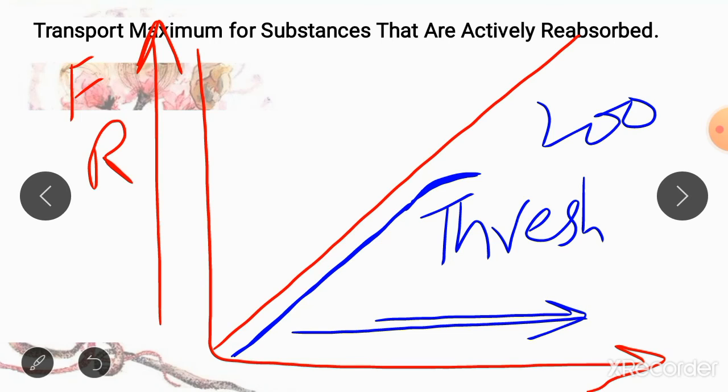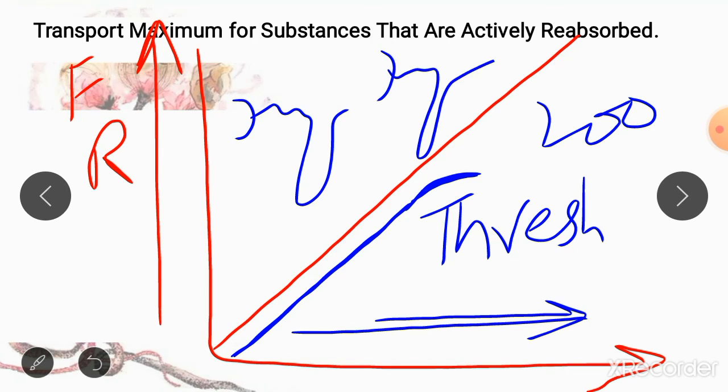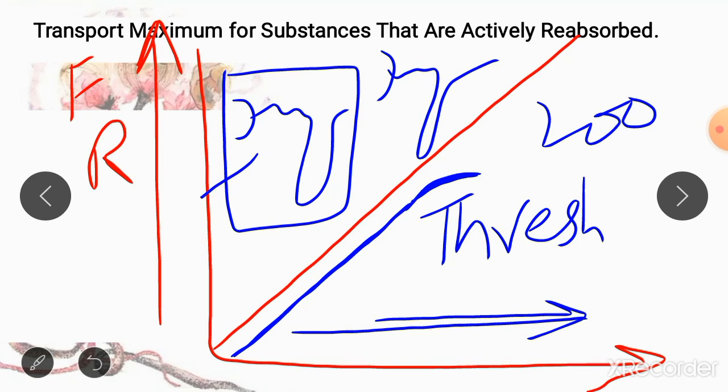Now, why is threshold achieved? As not all people are the same, not all nephrons of your kidneys are the same. They do not have the same abilities, and some of your nephrons are saturated earlier than other nephrons. You have 2 million nephrons in both of your kidneys. Some of these nephrons are less able to reabsorb glucose, and they have lower thresholds.